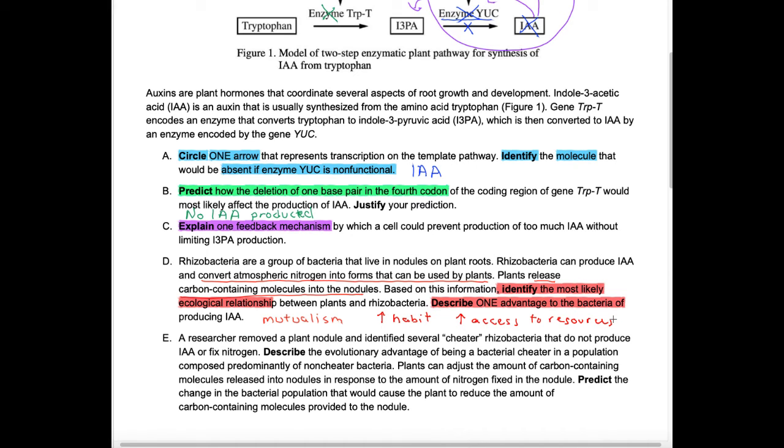More specifically, I might add that if the plant roots are growing, they're getting access to more resources themselves. The better the plant grows, the more carbon they can send to those roots and those nodules, which would be a benefit for those bacteria.